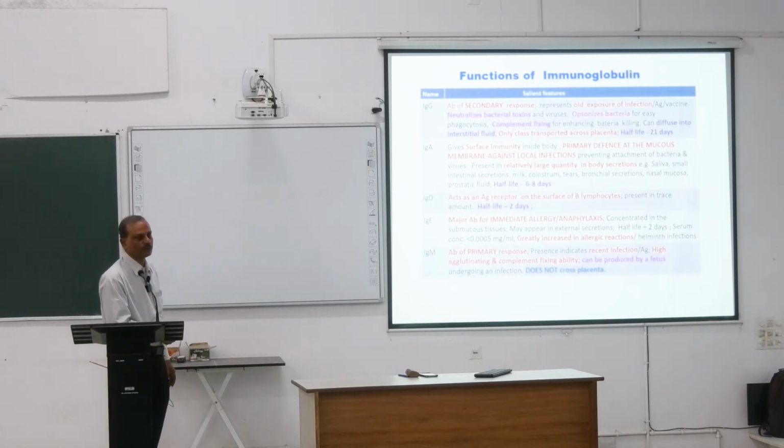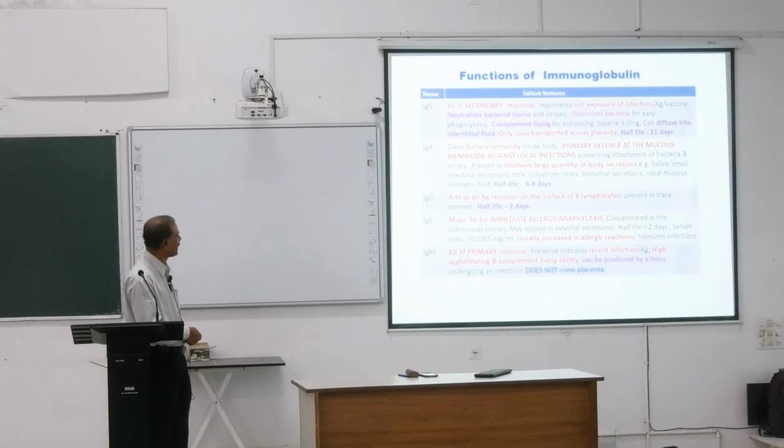And the antibody responsible for the primary response is IgM type. So when a recent infection is detected, it is basically of IgM type, and when any antibody of IgM type is detected, that indicates recent infection.